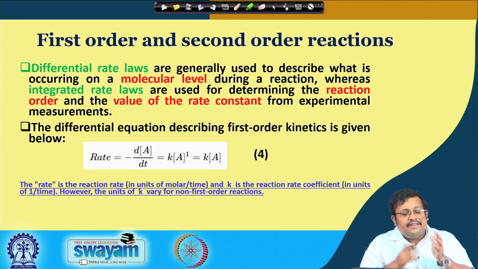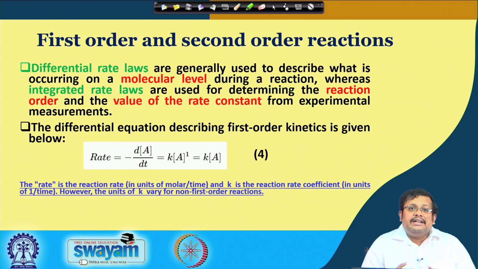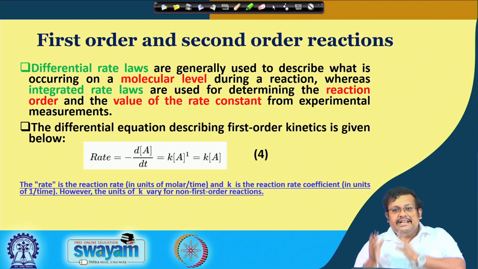The differential rate laws are generally used to describe what is occurring at the molecular level during a reaction, whereas integrated rate laws are used to determine the reaction order and the value of the rate constant from experimental measurement. Remember, any type of reaction order, for example first order, second order or zero order reactions, can be expressed in both differential and integrated form.